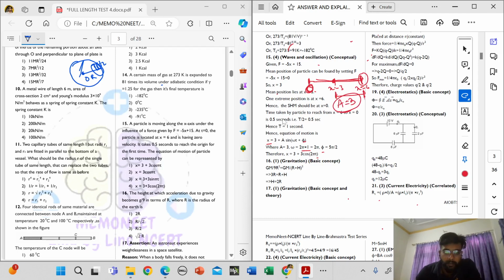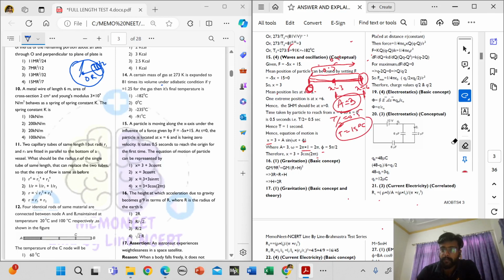It is given that it takes 0.5 seconds to reach the origin for the first time. From here to the origin takes 0.5 seconds, then again it will take 0.5 more. So T by 2 is 0.5, so T will be equal to 1 second.